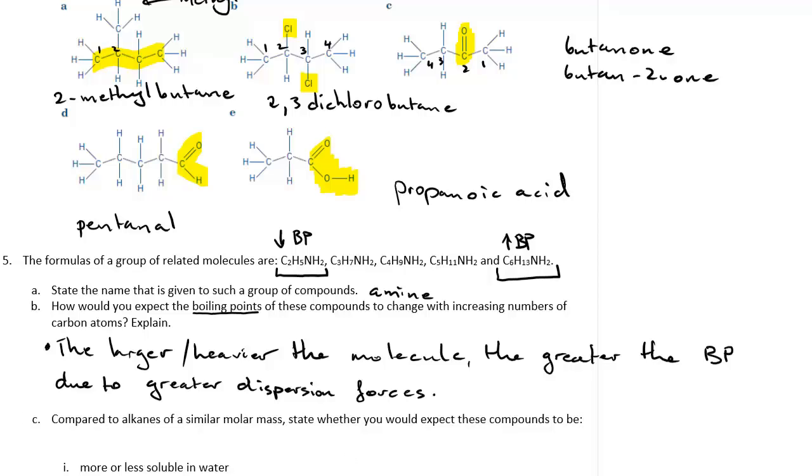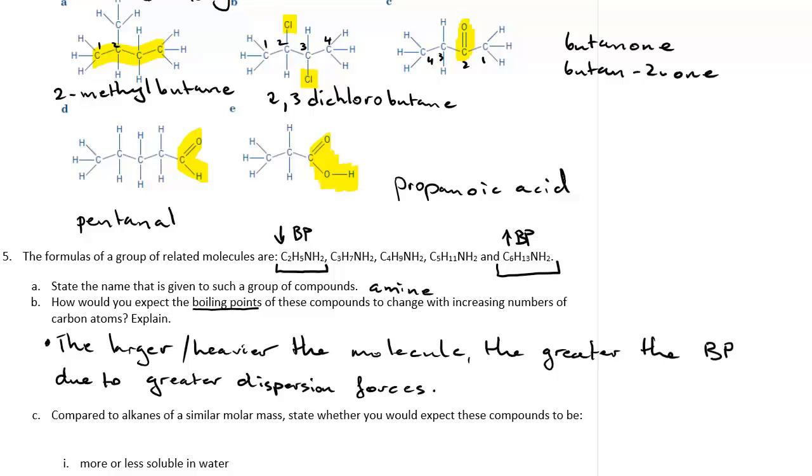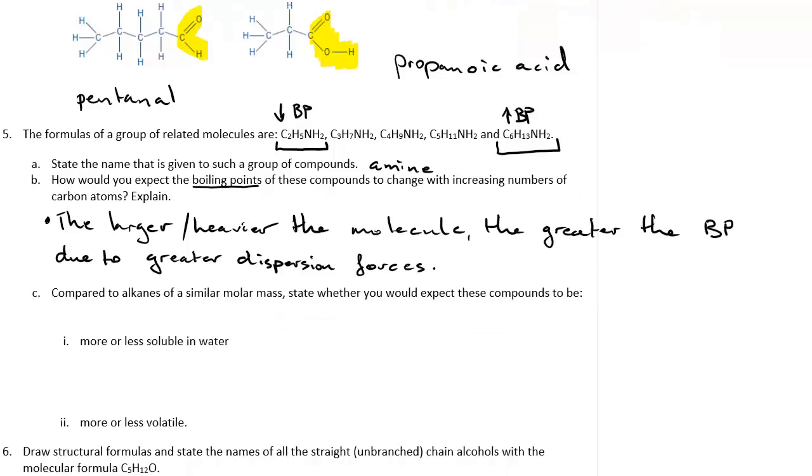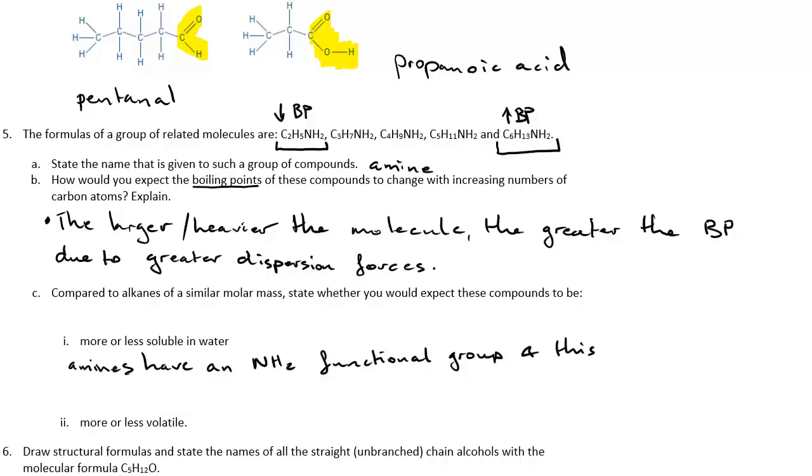Now, amines have an NH2 group. Amines have an NH2 group functional group, and this makes them highly polar.